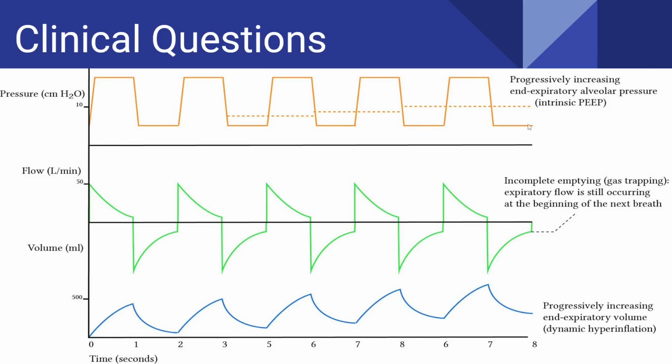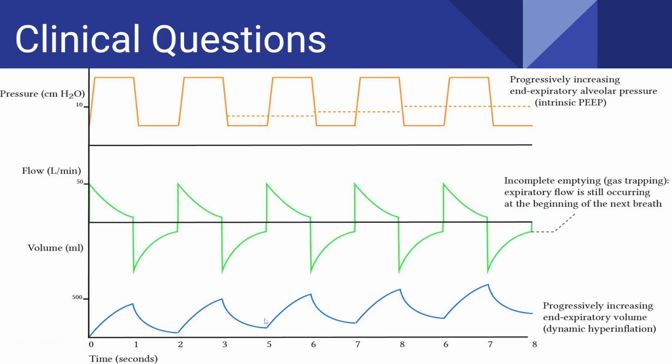on a ventilator. You're going to see on the top here your pressure, that bottom pressure, that end expiratory pressure, could potentially start to slowly increase. Your tidal volume, as it's exhaled, may still not equate to what was initially placed in the patient.